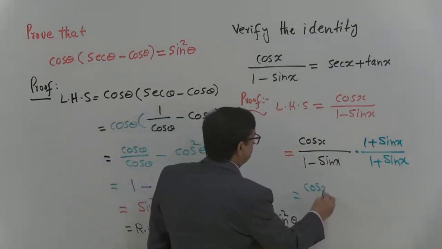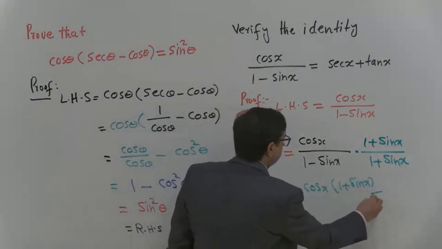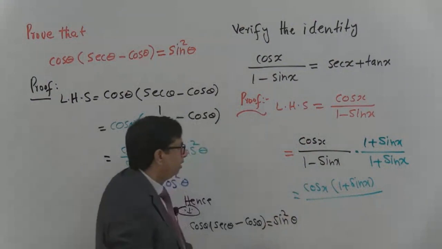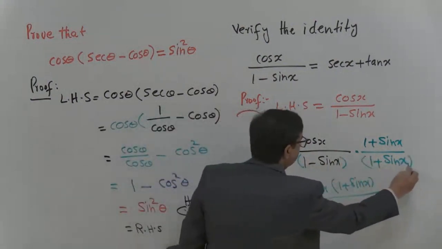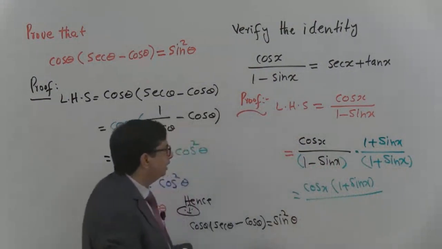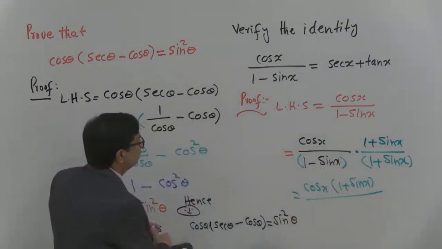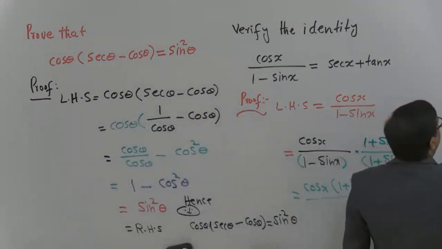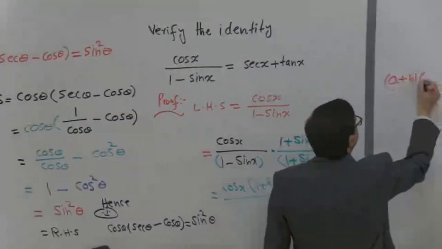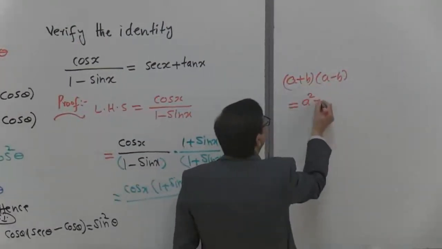Which is cosine x times 1 plus sine x over, we have two factors in the denominator. One is 1 minus sine x and the other is 1 plus sine x. See, we have this rule: a plus b times a minus b, this we write as a squared minus b squared.